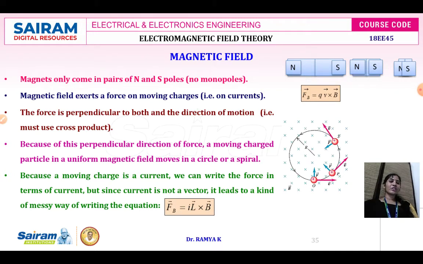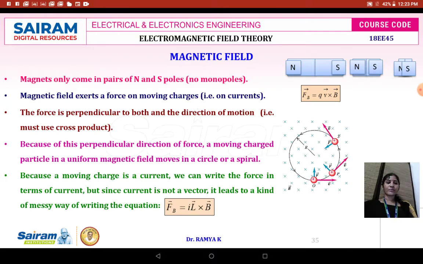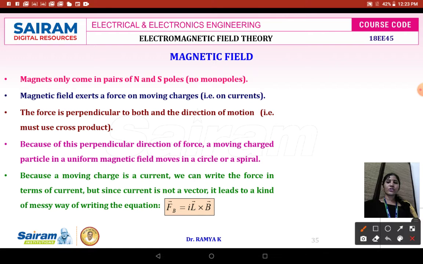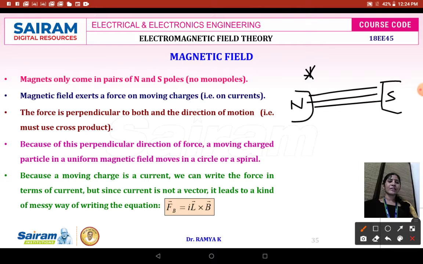When you consider the force, there are two forces that can exist. First, consider two magnets, a north pole and a south pole. In between these, there will be a field exerted. The movement of the field is in the form of a charge and it causes a current.